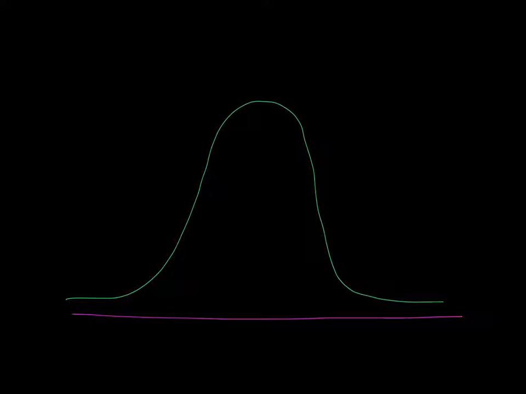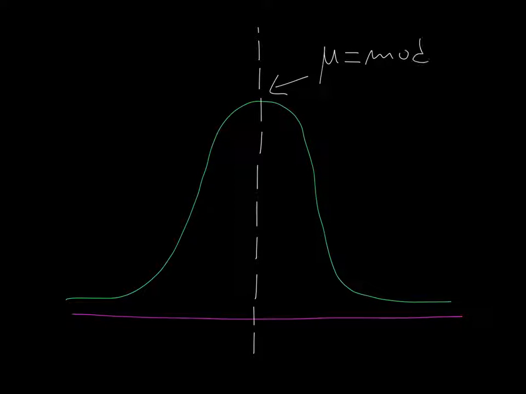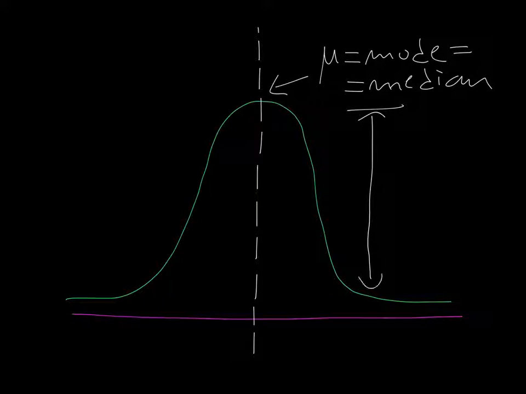Coming back to our non-skewed, symmetrical, bell-shaped curve, our normal distribution, the line of symmetry is a representation of our first rule: mean equals mode equals median. The height of our bell-shaped curve corresponds to the mode, the most commonly occurring value in our data set.